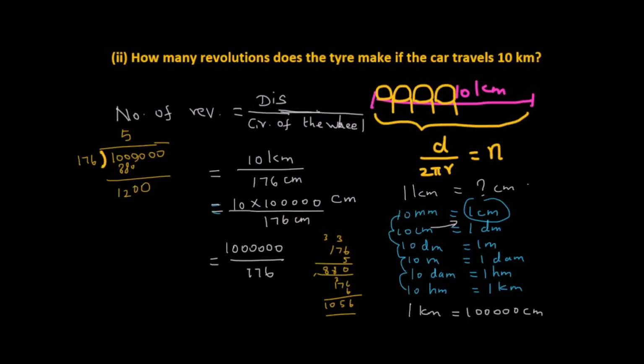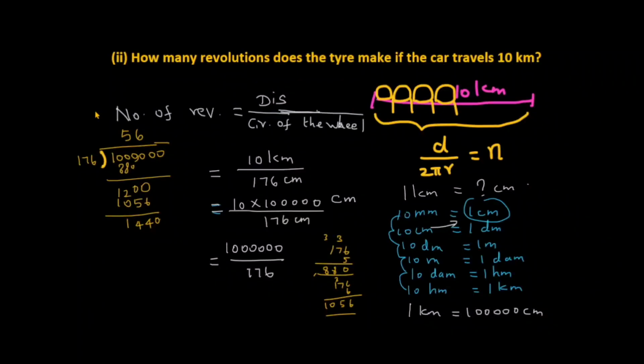Now 1200. So 6 times we can divide, 1056. The remainder is 144. Then take the next number. Already we took 3 zeros. Now the 4th 0, 5th 0. 1440.